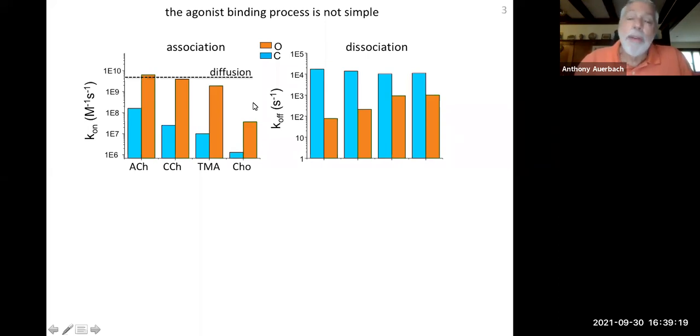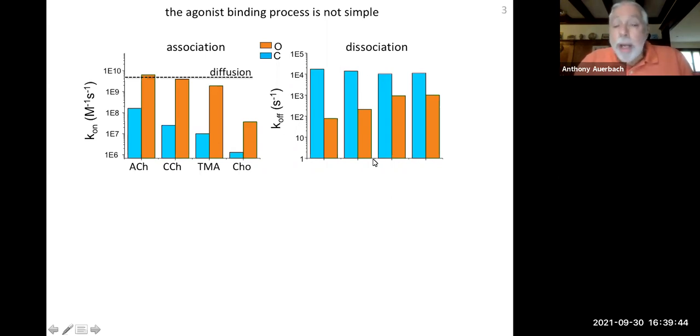The high affinity of O is due largely to a fast on rate. Now, this is the off rate here, and it is slower, but it's the on rate that is predominantly responsible for the high affinity of O. You can see that getting out of C is about the same for these 4 agonists.